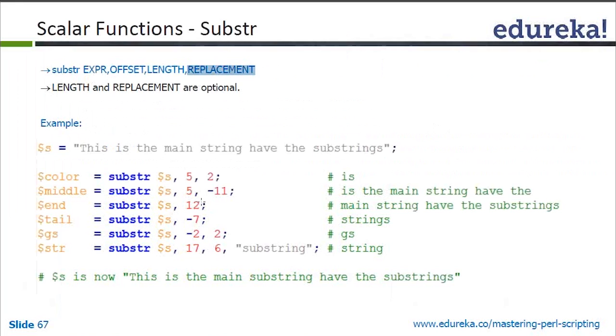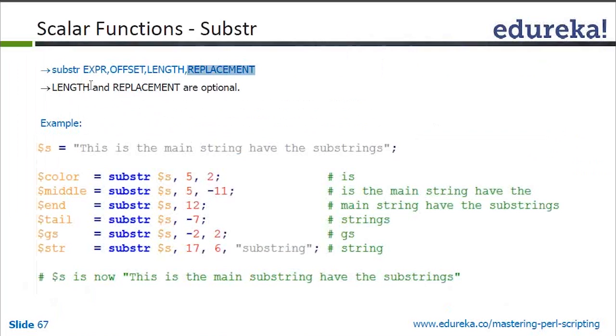We need not pass everything. If you see here, we are not passing all of them. Length and replacement are optional. So we might have only two arguments, that is expression and offset, and length and replacement are not essential.